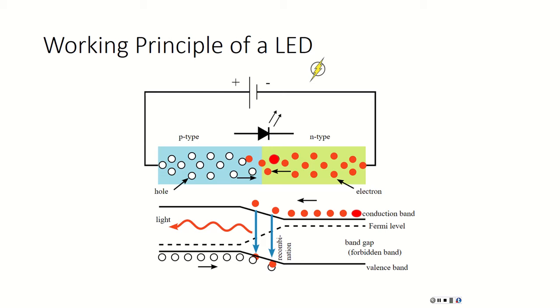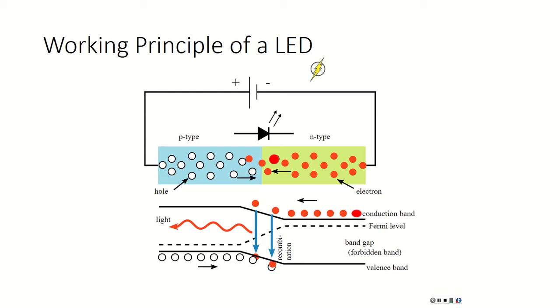So we have a conduction band and a valence band. That's usually referred to as the HOMO and the LUMO. The HOMO is the highest occupied molecular orbital and the LUMO is the lowest unoccupied molecular orbital. The HOMO is usually referred to as the valence band, and the LUMO as the conduction band.